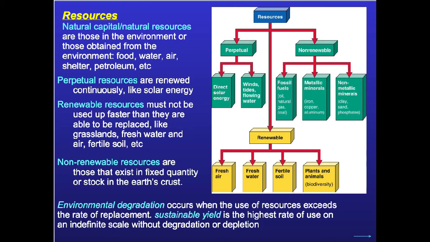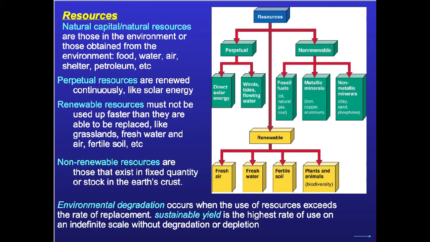Perpetual resources are ones that are constantly renewed or always available, like direct solar energy, wind, tide, and different types of motion or energy. Now, renewable ones are important, and the thing you have to remember is you cannot use them faster than they can be replenished, because if you do, they become non-renewable.